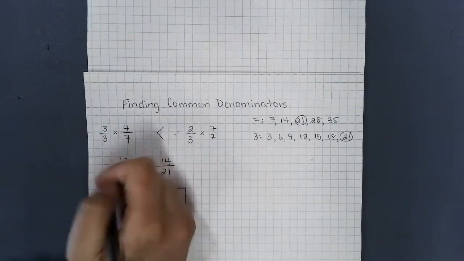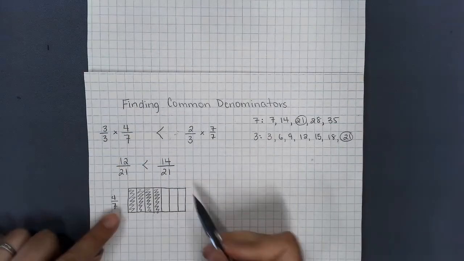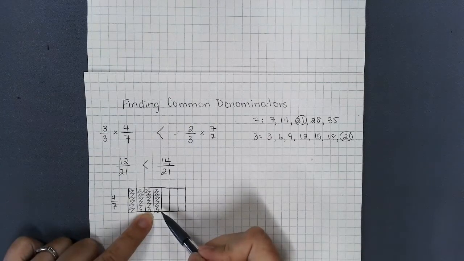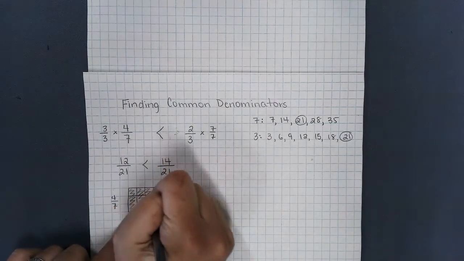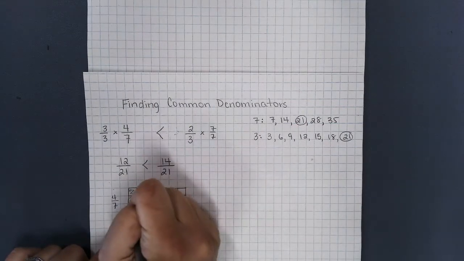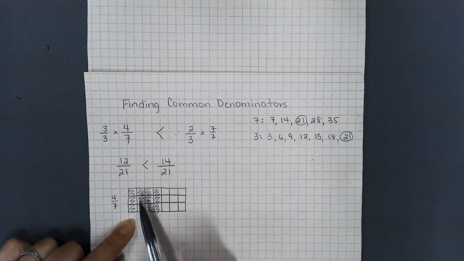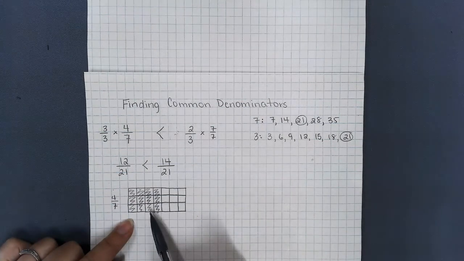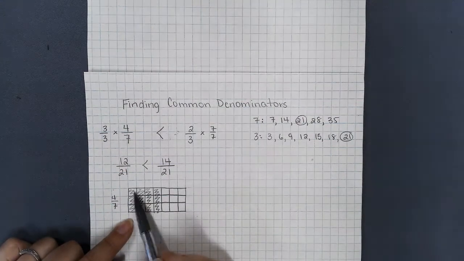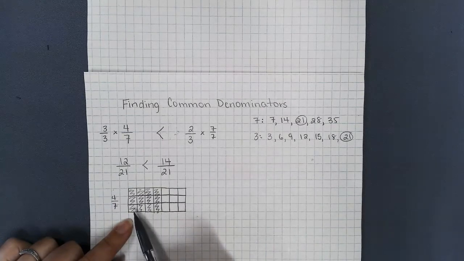So this is representing our 4/7. And all I've done is I've taken this image and I've broken it into another 3 pieces. So what I'm trying to show you here is that I didn't change the value of the fraction, I just changed the number of pieces. So now instead of this object being broken into 7 equal pieces, it's broken into 21 equal pieces. And the same area is shaded, it's just now it's represented by smaller pieces. 12 in fact, 3 by 4 is 12.